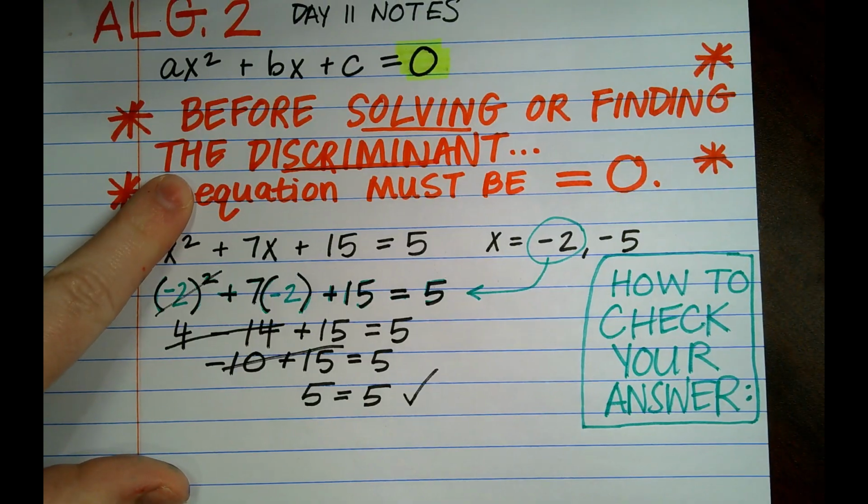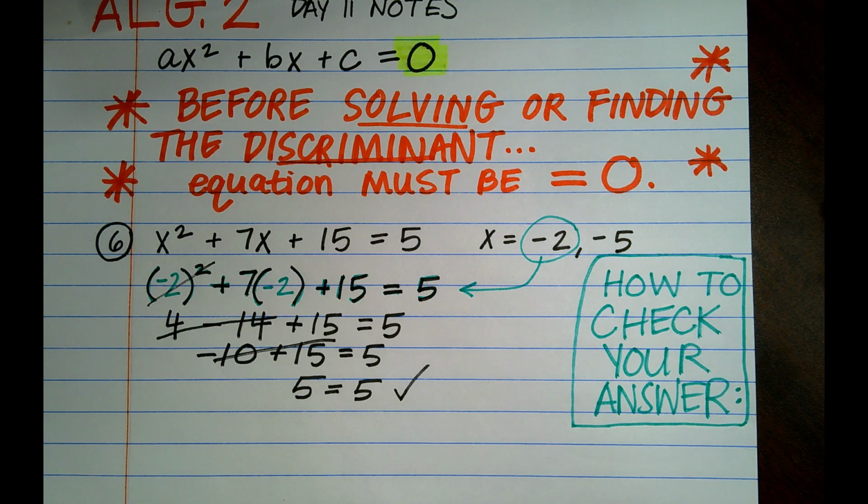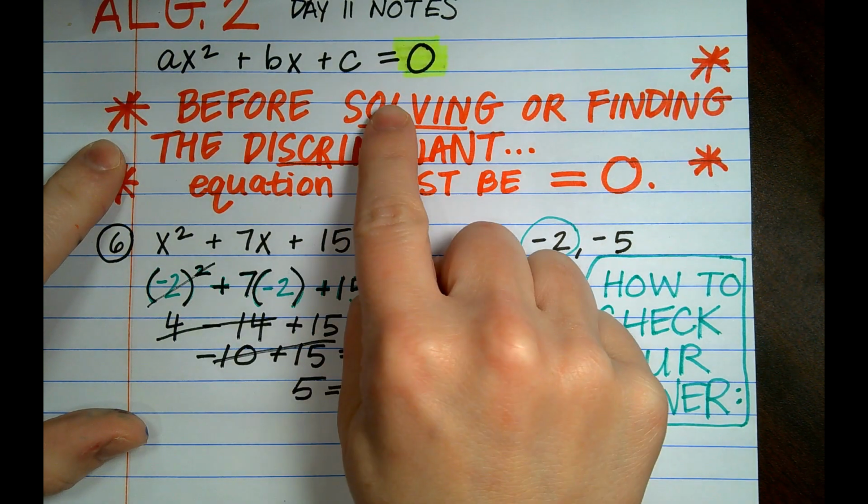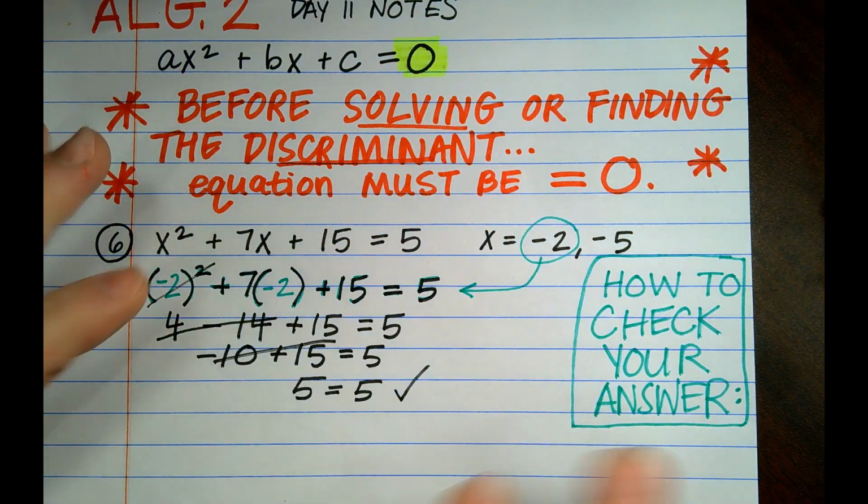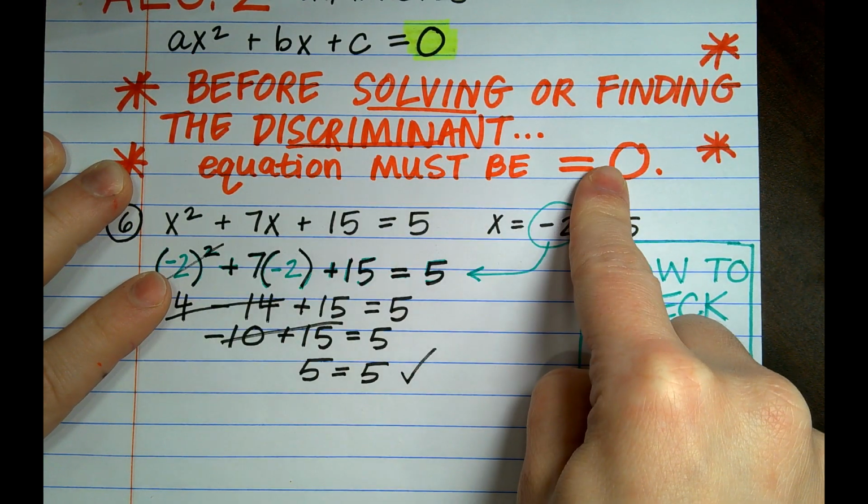So this is kind of the first thing. Before solving the equation or finding the discriminant, your equation needs to be equal to 0.